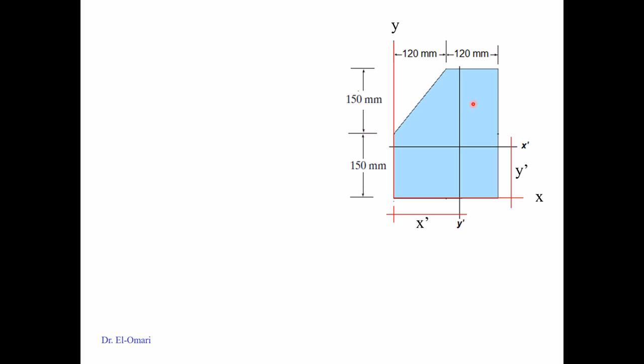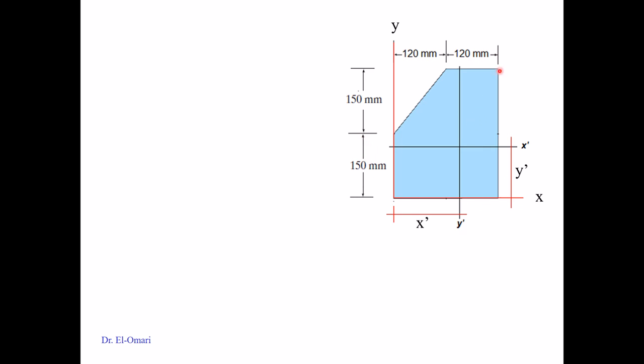Following is to divide this shape into common shapes, where you would know automatically where the centroidal axis is. So I could divide it into a triangle, where I know that it is just a third and two-thirds the location of that, and then a rectangle and a rectangle.